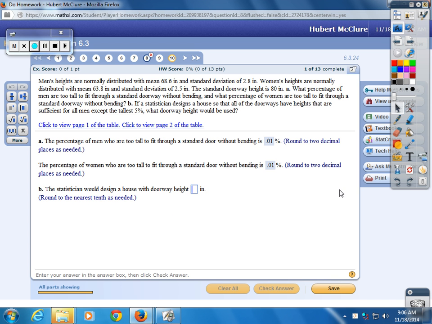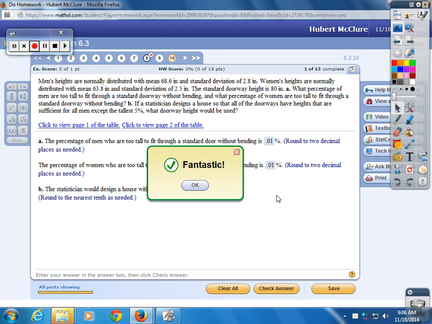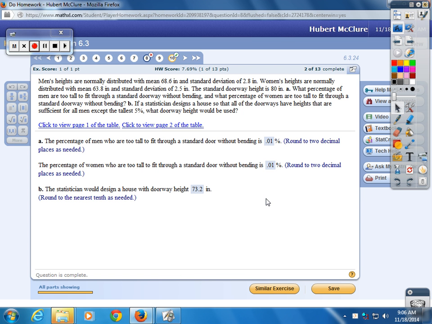All right, it says round to the nearest tenth. 73.2, which in real life you would not get a door 73.2 inches. People at Lowe's would look at you like you're crazy. You would have to get it specially made, and that would cost you 4 or 5 times as much.